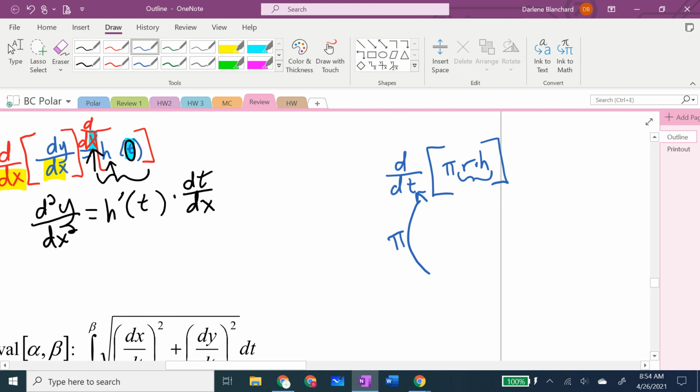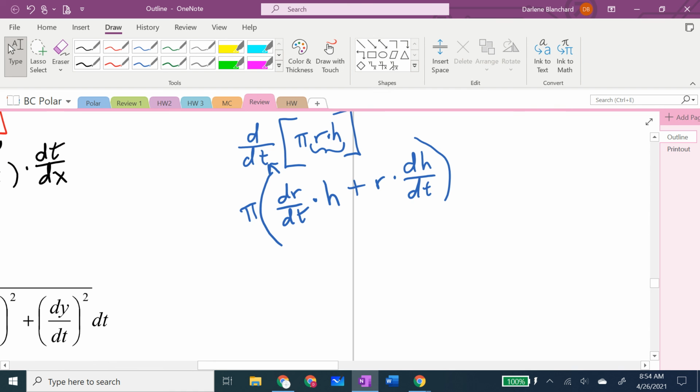Now, if they're just sitting there like, hi, I'm r, take my derivative, then it's dr/dt. And product rule says take the derivative of one of them, but keep the other, plus reverse the process. Keep the r multiplied by the derivative of the other one.